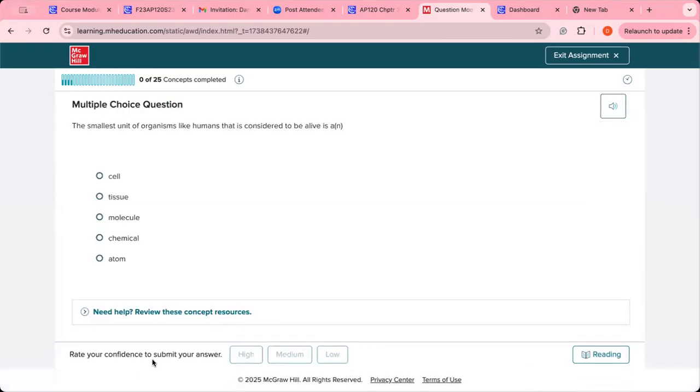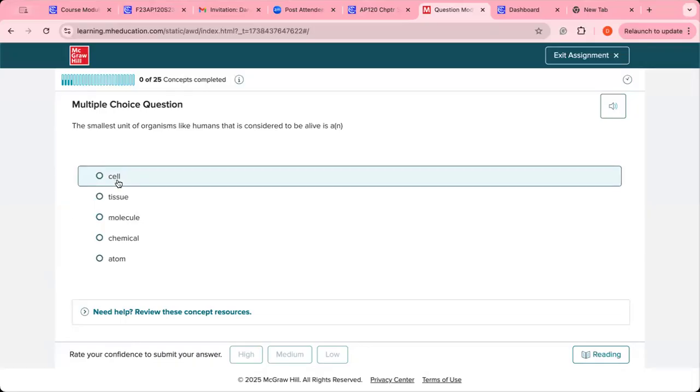The smallest unit of organisms like humans that are considered to be alive is a cell, tissue, molecule, chemical, or atom. The smallest unit. Maybe cell. That's not the smallest.